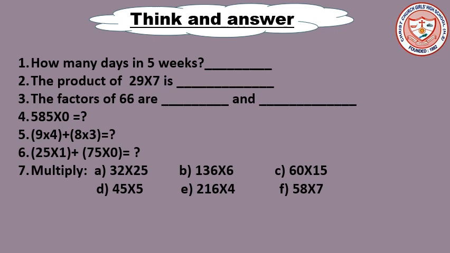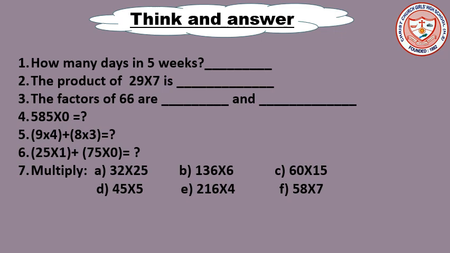Number 4, 585 into 0 equal to what? Number 5, 9 into 4 plus 8 into 3 equal to what? Number 6, 25 into 1 plus 75 into 0 equal to what?